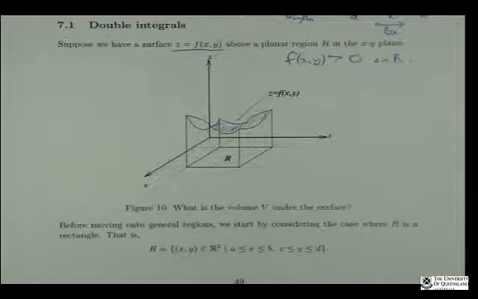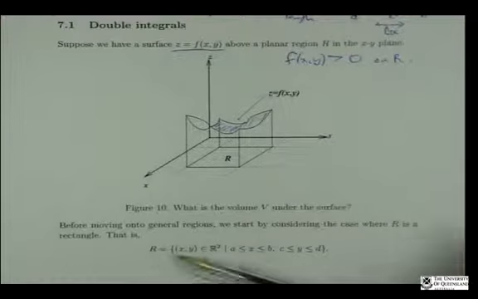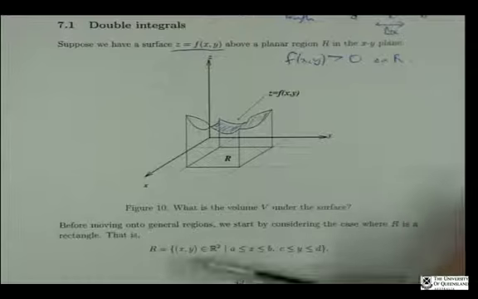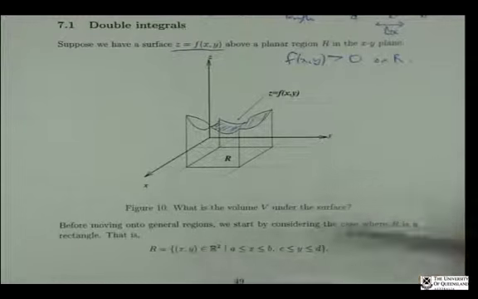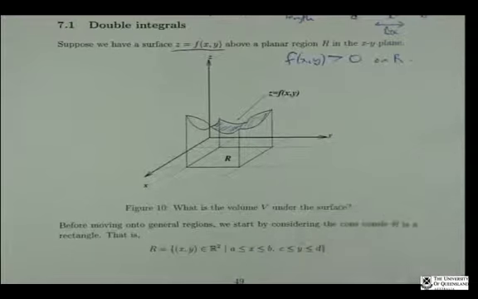This is a notation that I'll use quite a lot throughout my lectures, using set notation: a set of points with coordinates x and y such that x lies between a and b and y lies between c and d, where a, b, c and d are just numbers. And so this is defining a rectangle now.